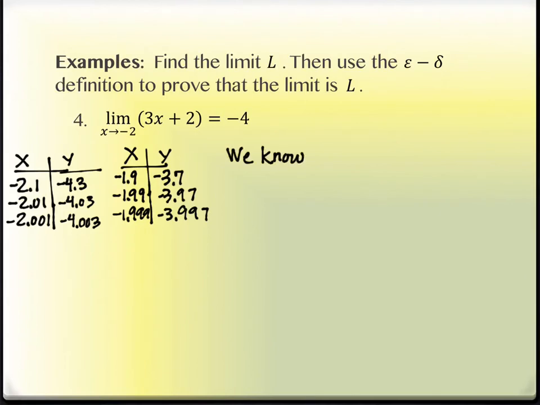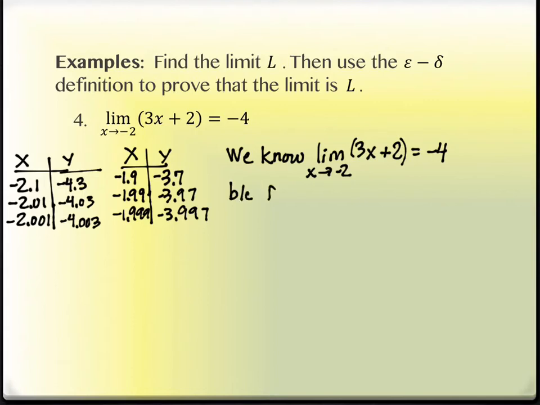We know that the limit as x approaches -2 of 3x plus 2 is equal to -4. We know that, and we're going to state why we know that.